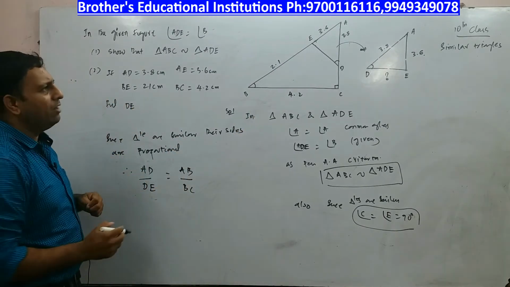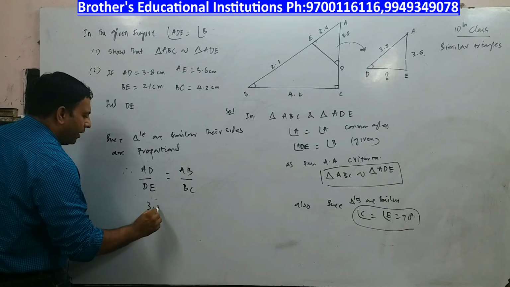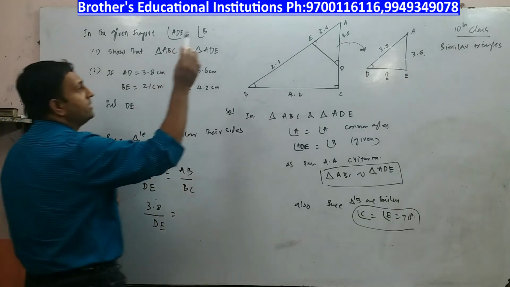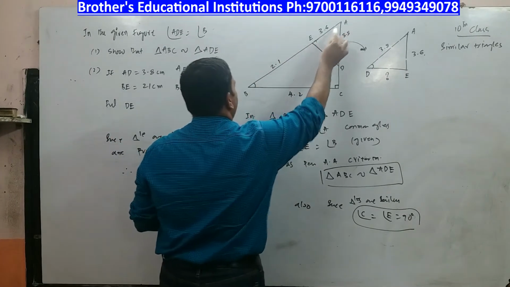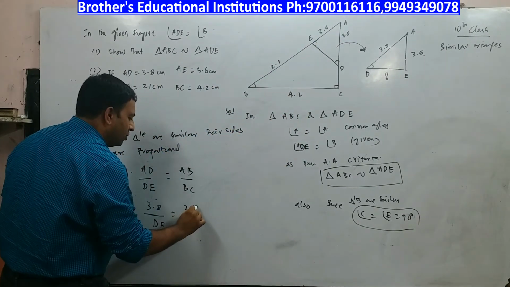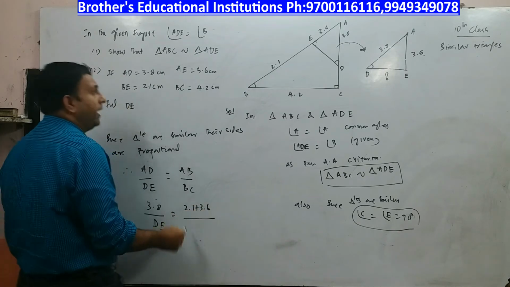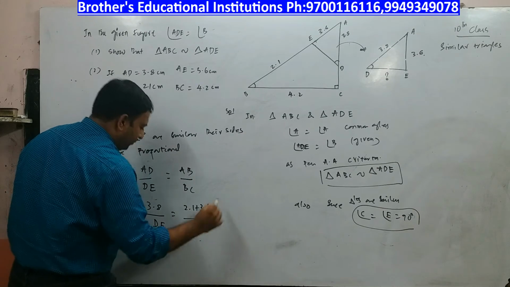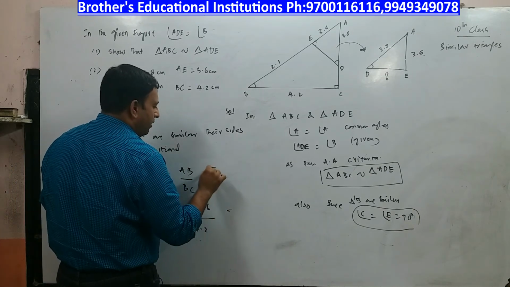What is AD value? AD value is 3.8, by DE value, you do not know DE value. What is AB value? Now here people will make a mistake. AB is nothing but 2.1 plus 3.6, by BC value, which is 4.2. So now I will cross multiply.